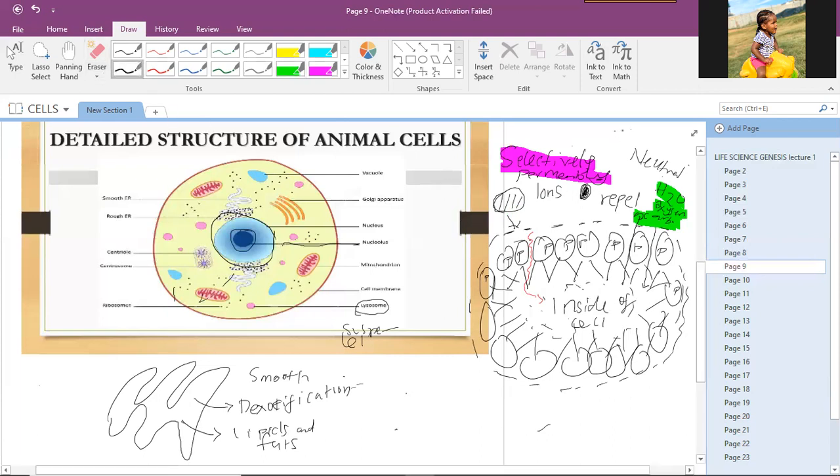Therefore, this is what is called selectively permeable. So when they ask what is the function of the cell membrane, it is selectively permeable. It can only allow important things that are needed by the cell, like water, carbon dioxide, and oxygen.